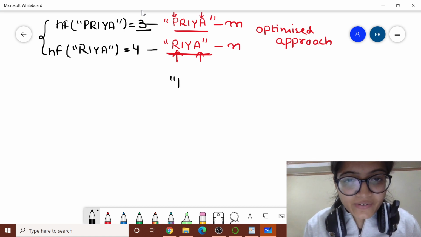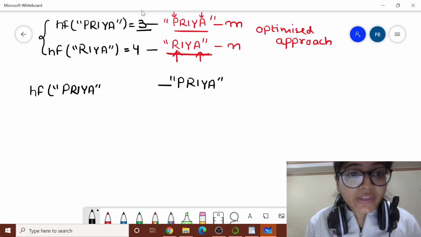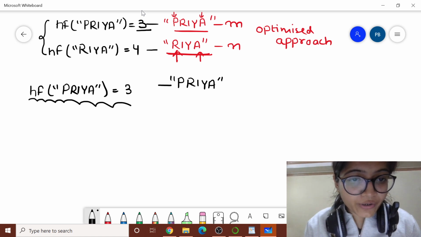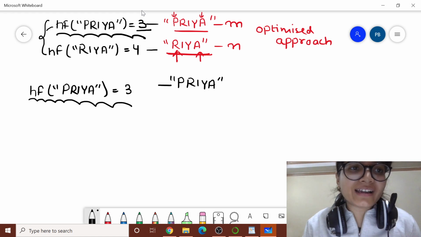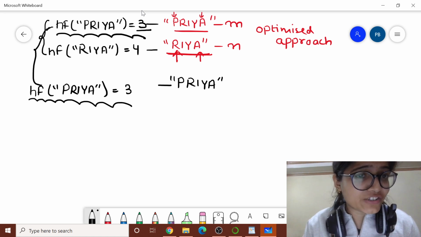And if there is another string, again Priya, and you apply the hash function on it, you will again get 3. I can't say you are sure, but you might think there is a chance that these two strings are equal to each other.